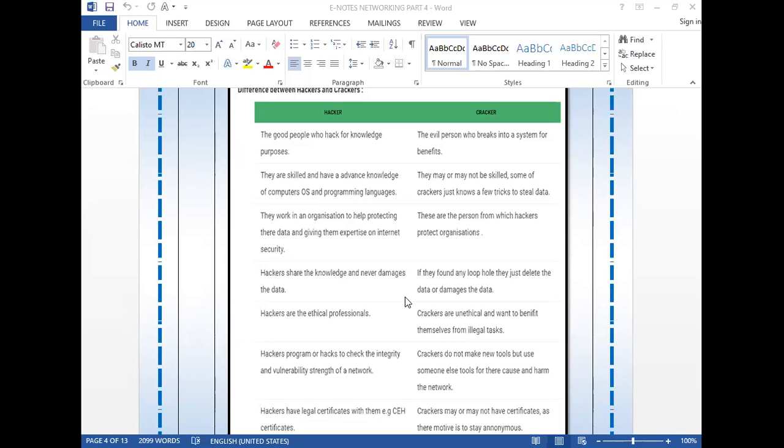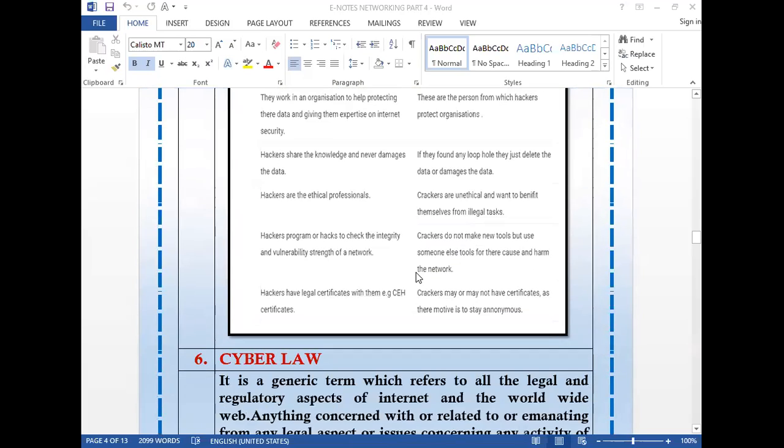Hackers protect the organization against any negativity, but crackers do not protect the organizations, rather they try to break the security of the network, right? Hackers have legal certificates with them because they are professionals, because organizations have hired them, but no such certificate is given to the cracker. They behave anonymously in the network, right?